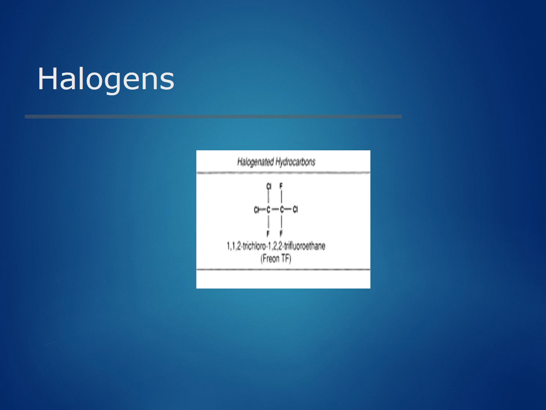We also have halogenated hydrocarbons, which are organic compounds consisting of carbon-carbon bonded atoms or carbon-hydrogen atoms that include a halogen atom, such as fluorine, chlorine, bromine, and iodine.